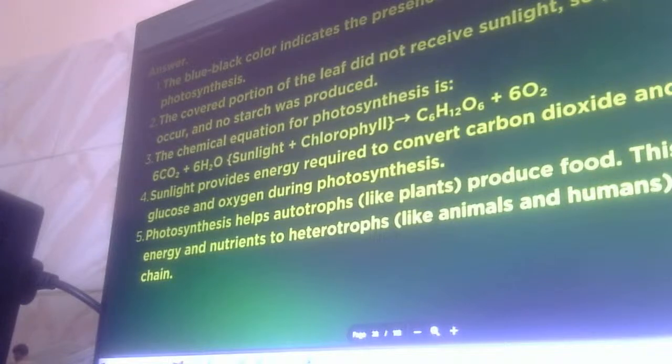Sunlight, C6H12O6 plus 6CO2 plus 6H2O. Isn't it 6CO2 plus 6H2O? I don't think it's 6H2O. I think it's 12H2O. 6CO2 plus 12H2O. 6H2O. My life has been a lie.